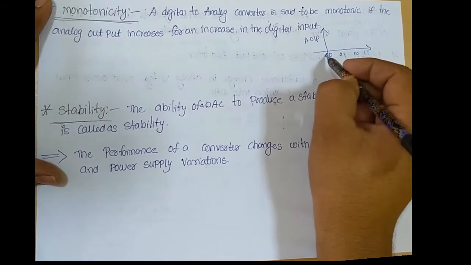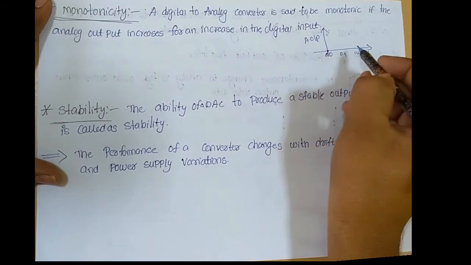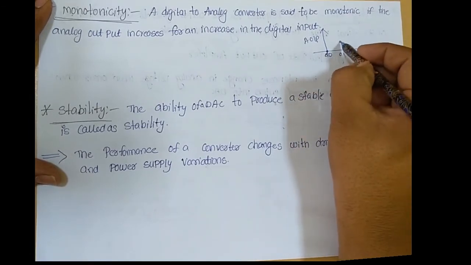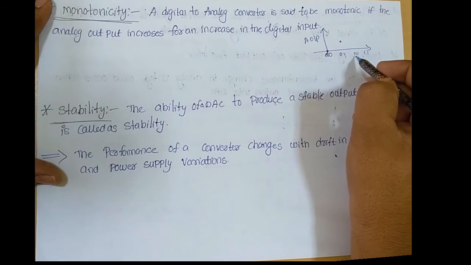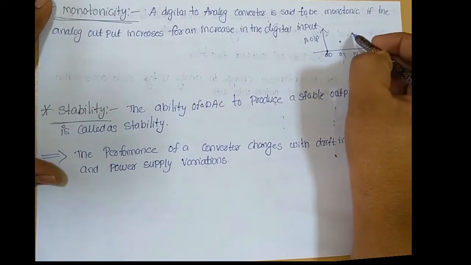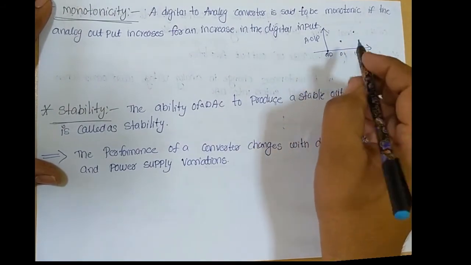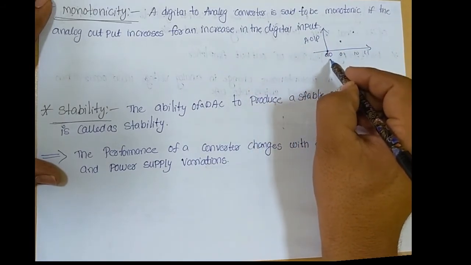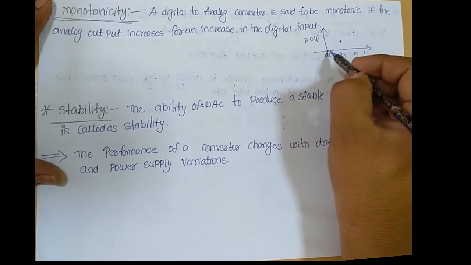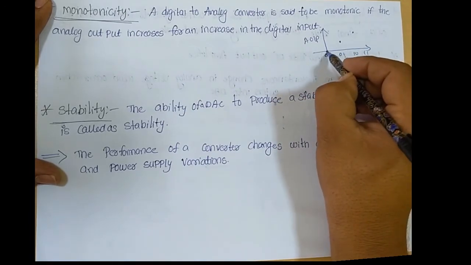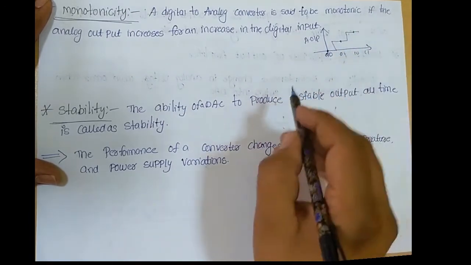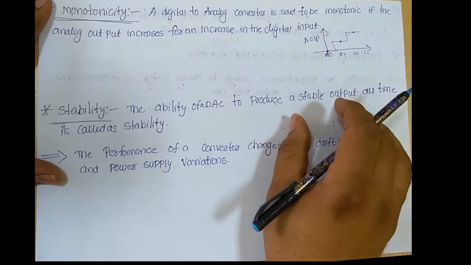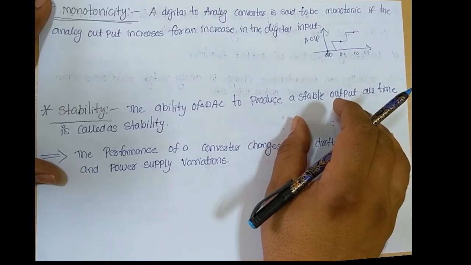When we apply 0 0 as input, we get 0 volts as output. Similarly, if we give 0 1 as input, we get 1 volt, and if we give 1 0 as input, we get 2 volts. Here we observe that as the input signal increases, the output signal also increases. With respect to this condition, we conclude that this digital to analog converter has monotonicity.